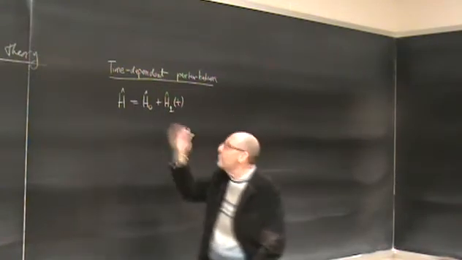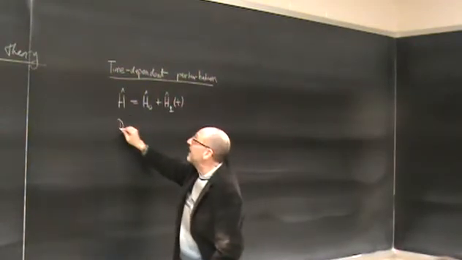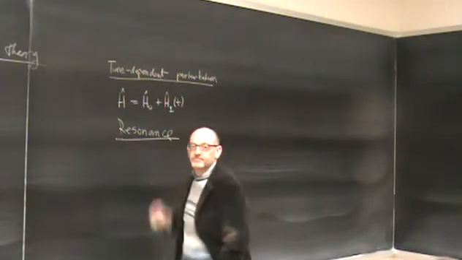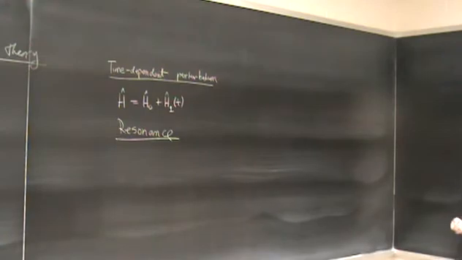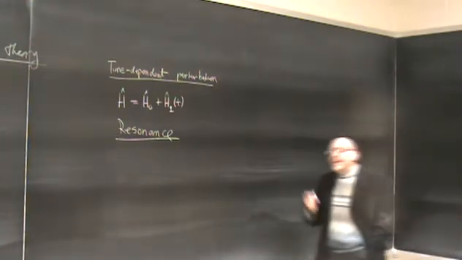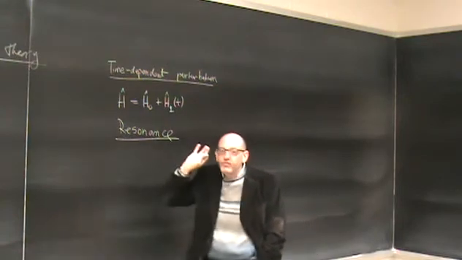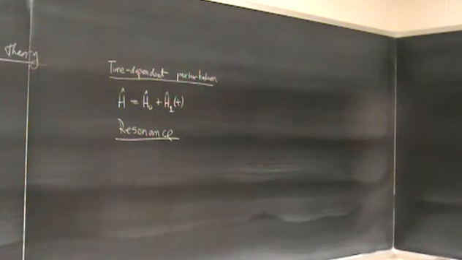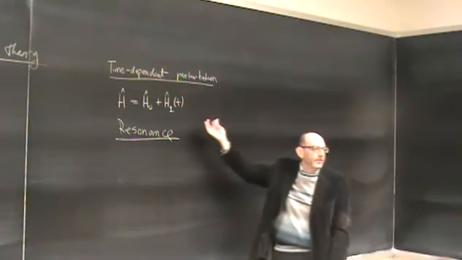So the most important thing about time-dependent perturbation theory is the phenomenon of resonance. Resonance happens when, even though the amplitude or the force that's being applied is absolutely tiny compared to the internal forces of the system, it can have a profound effect on the evolution of the system, right?